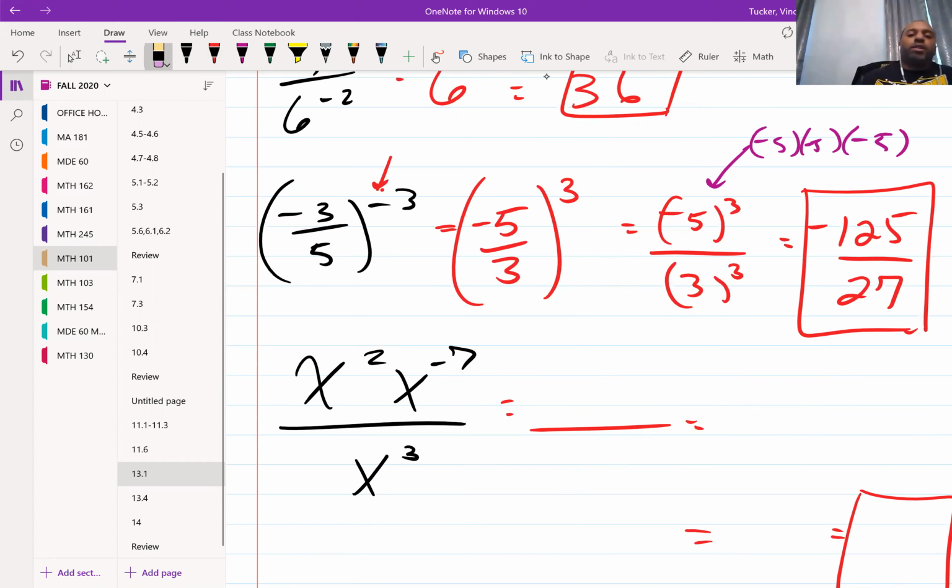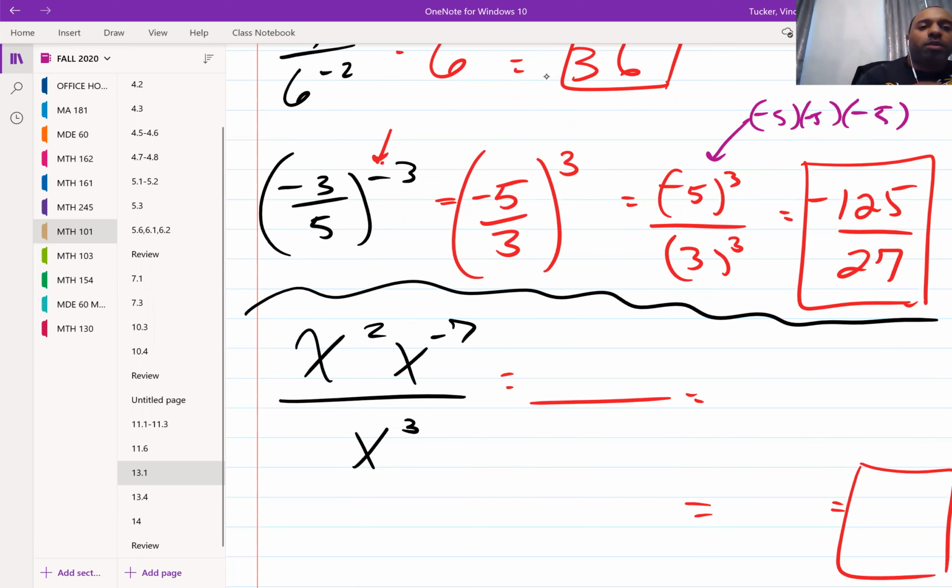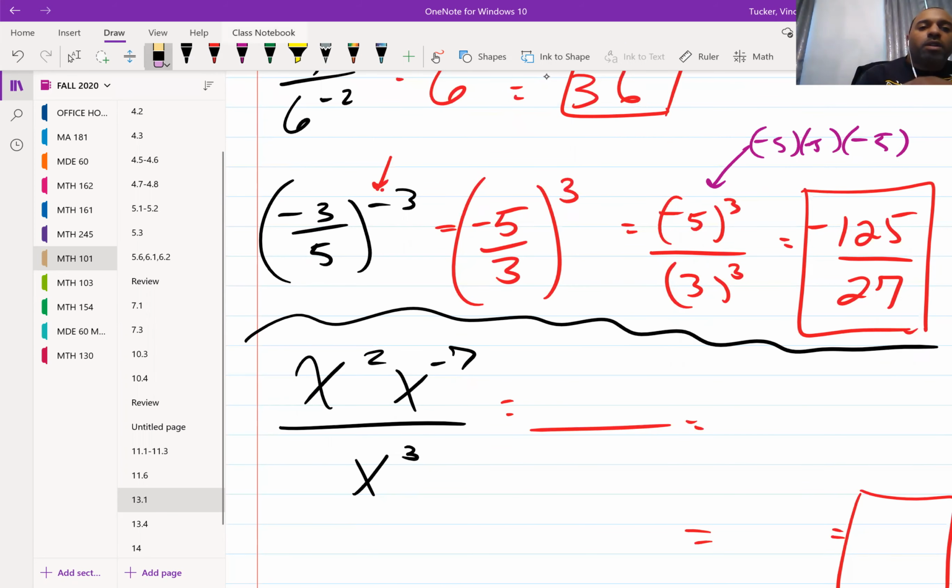All right, so looking at this next one. Looking at the top, we have x squared times x to the negative 7.